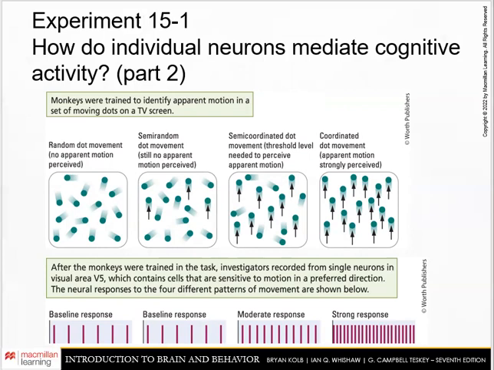The sensitivity of individual neurons is very similar to the perceptual sensitivity of the monkeys to apparent motion. And if individual neurons failed to respond to the stimulus, then the monkey behaved as if they did not perceive any apparent motion.